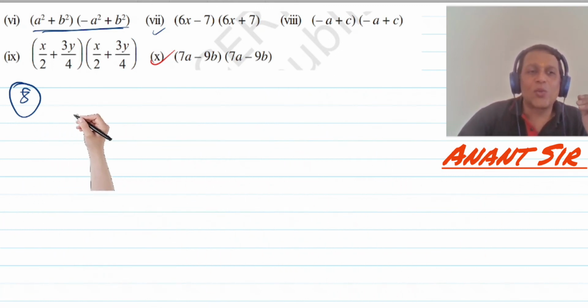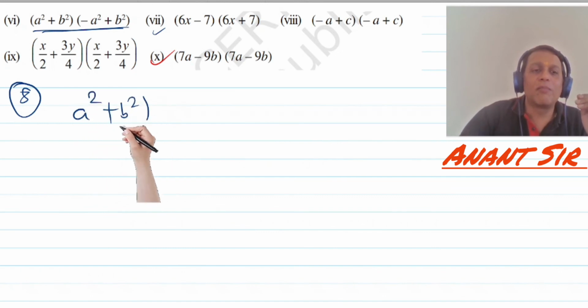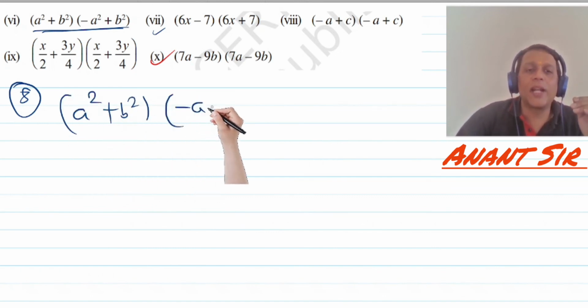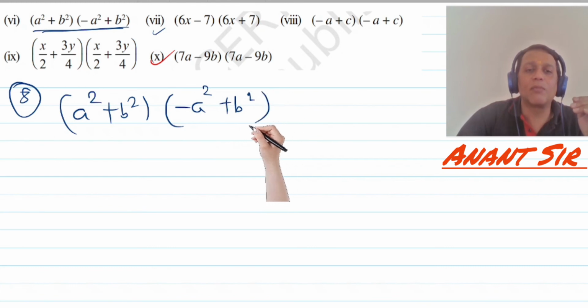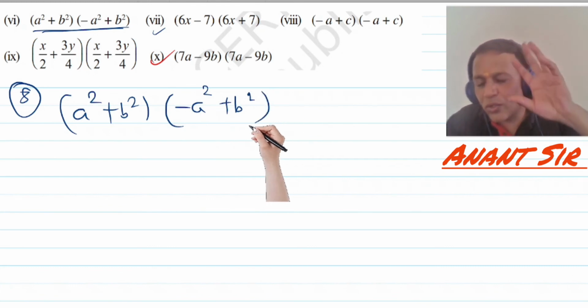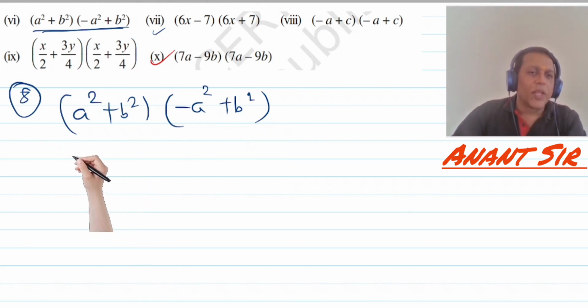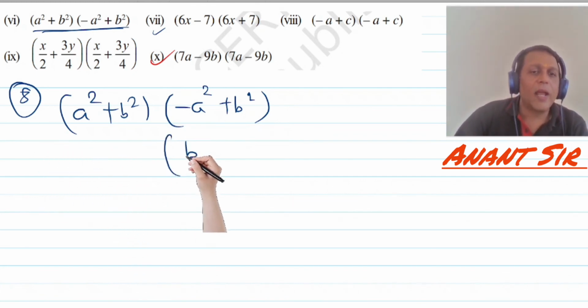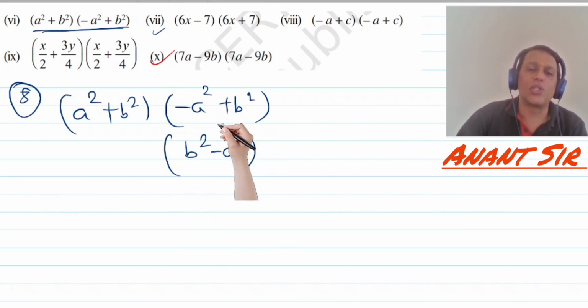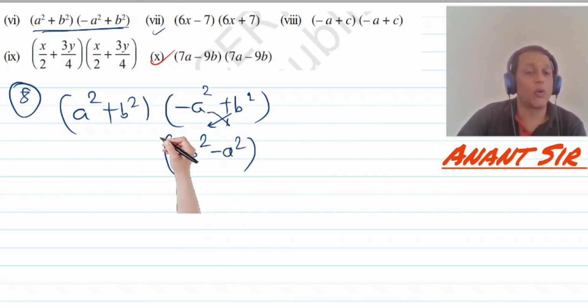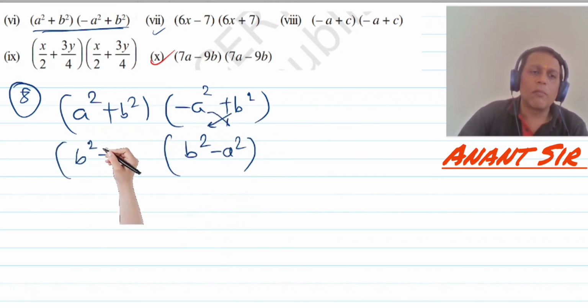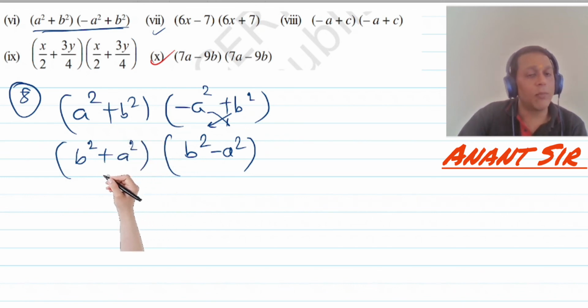So last question, (a square plus b square) and second bracket (minus a square plus b square). Now I think some of you might have just got how we should solve this, right? So again I am going to change the position. See, I have changed the position, not the sign. Here also b square plus a square, only the position, not the sign.